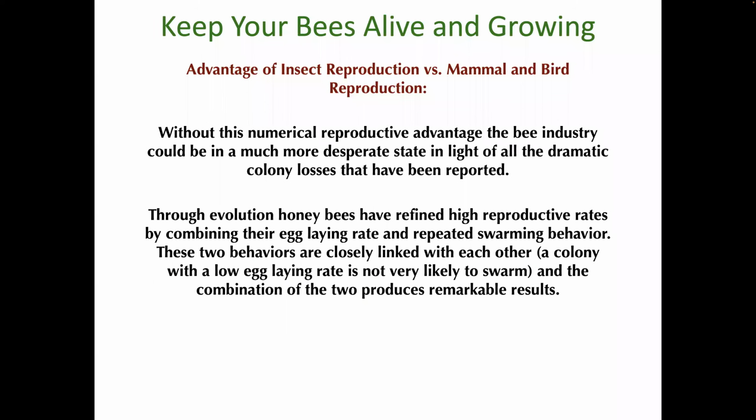But the evolution of honeybees has refined high reproductive rates by combining their egg-laying rate with repeated swarming. Those two behaviors, the high egg-laying rate and swarming, are not unrelated. A colony with a low egg-laying rate is probably not likely to swarm.